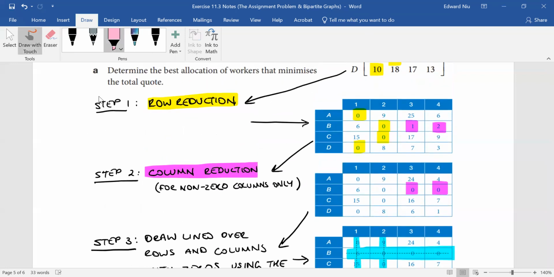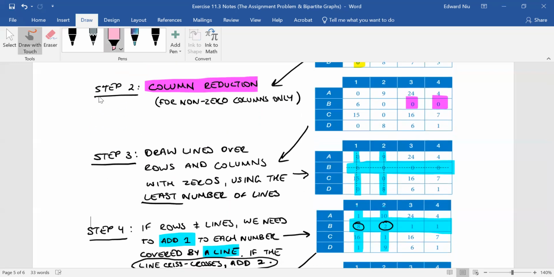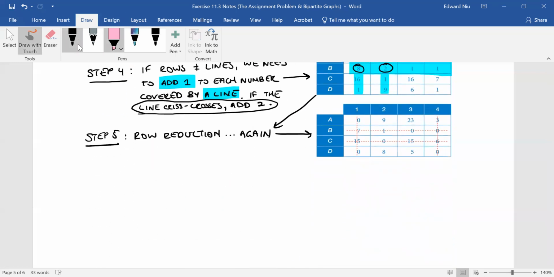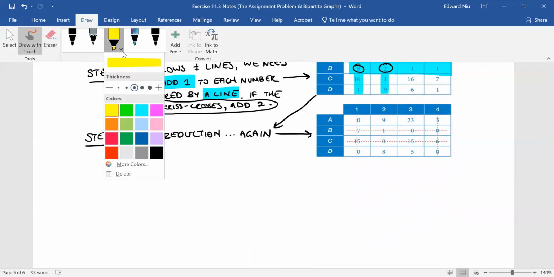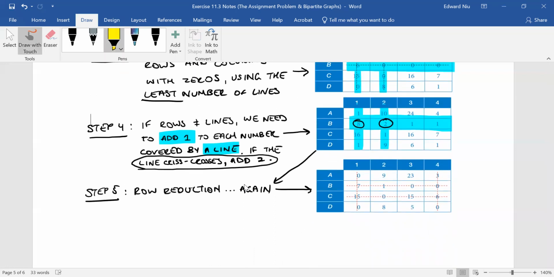Let me check what color row reduction was, yellow. What you notice is we've got now 0, 0 here, 0 and 0, and they correspond to this and this. Damn it, the colors kind of merge.